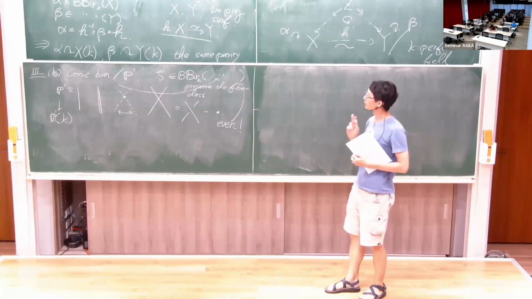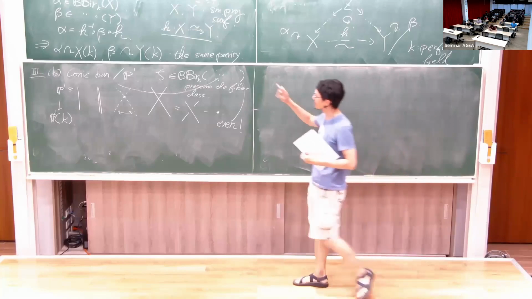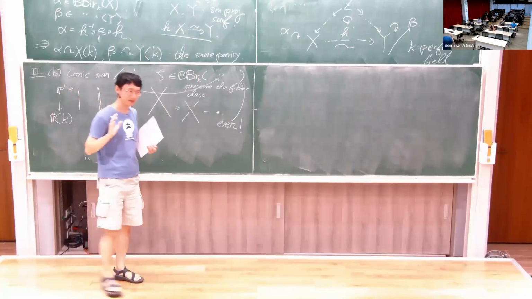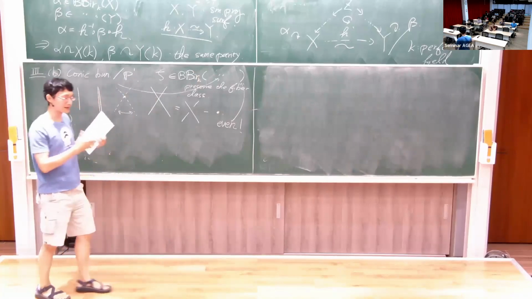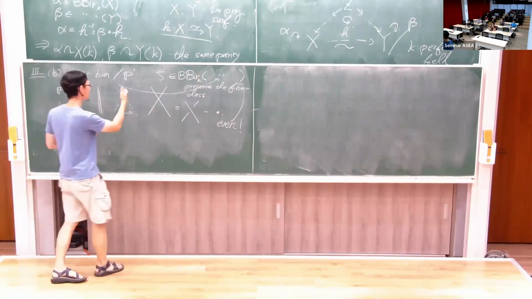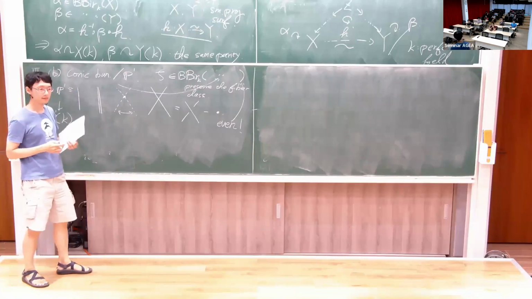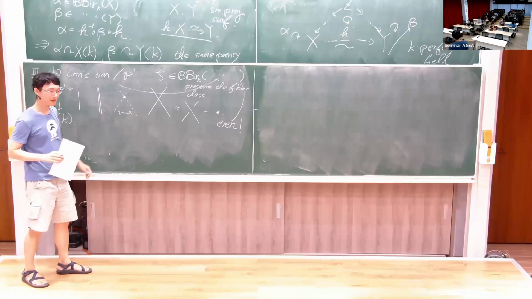I don't remember all the details, but I feel that I have thought about this, and maybe in each step you can easily find some example. This phenomenon easily fails if you are over another field, like F2. This is the thing.